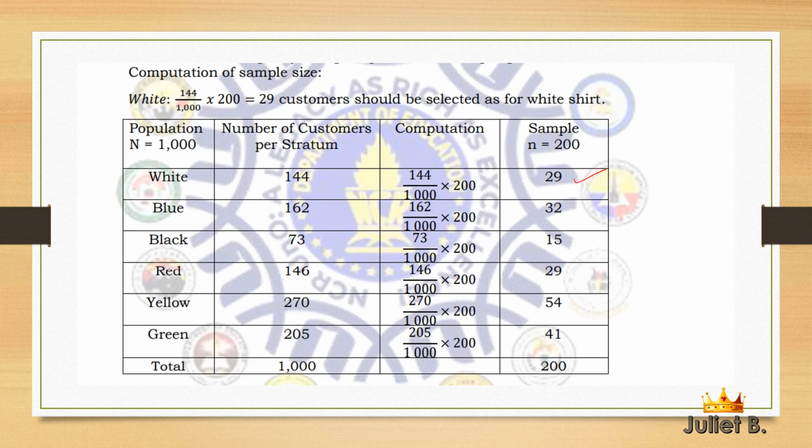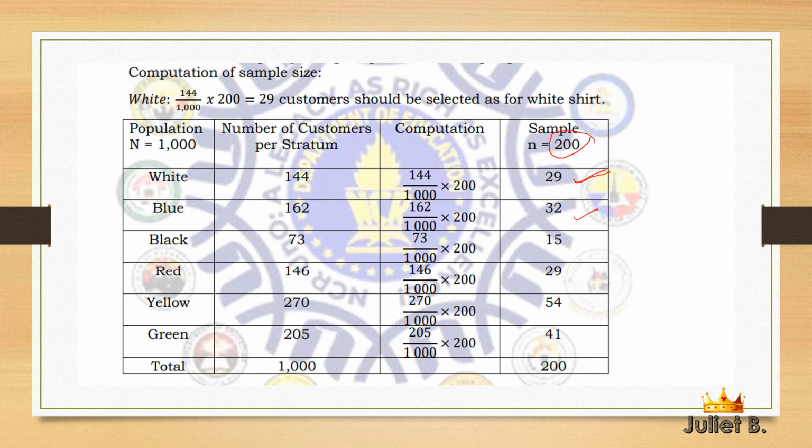So, sa sample ko na 200, 29 doon ang white. Same with blue. Sa blue, merong 162 na customer na gusto ng blue. So, 162 divided by 1,000 times 200. Yan ay 32.